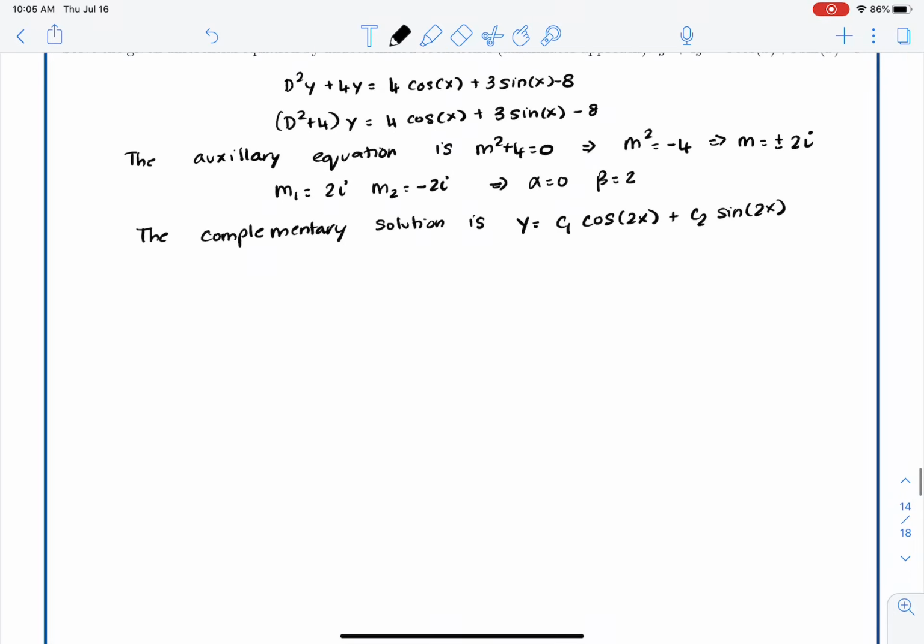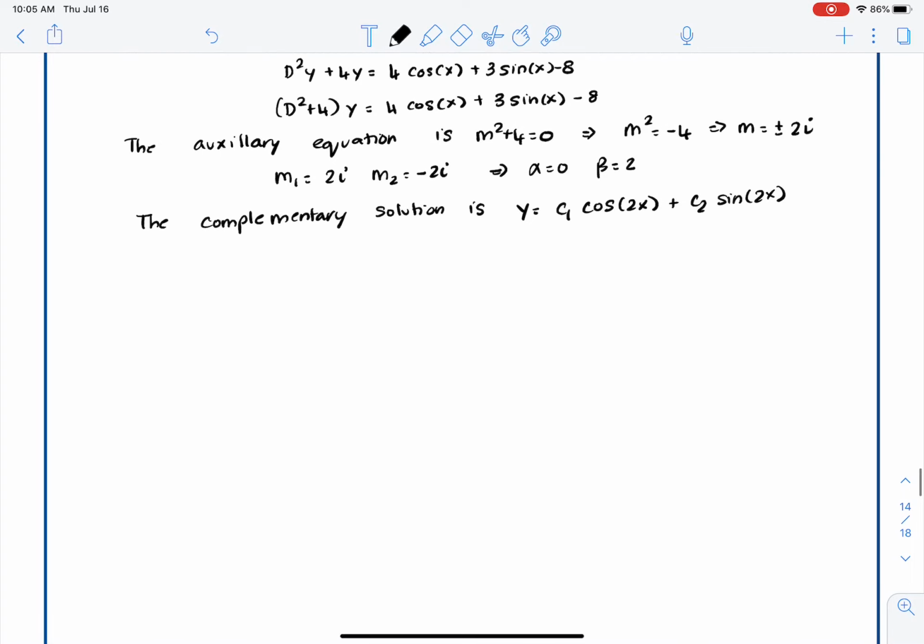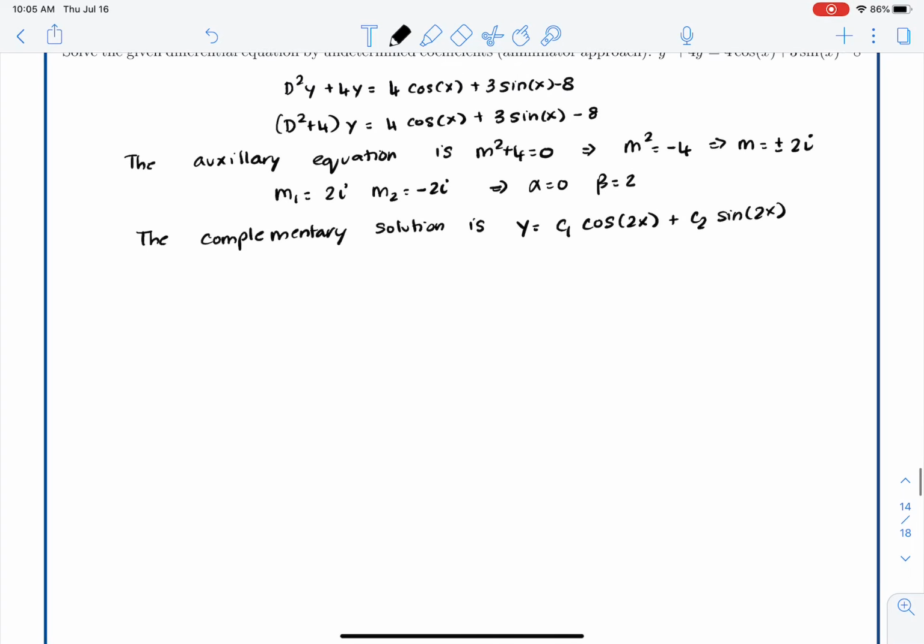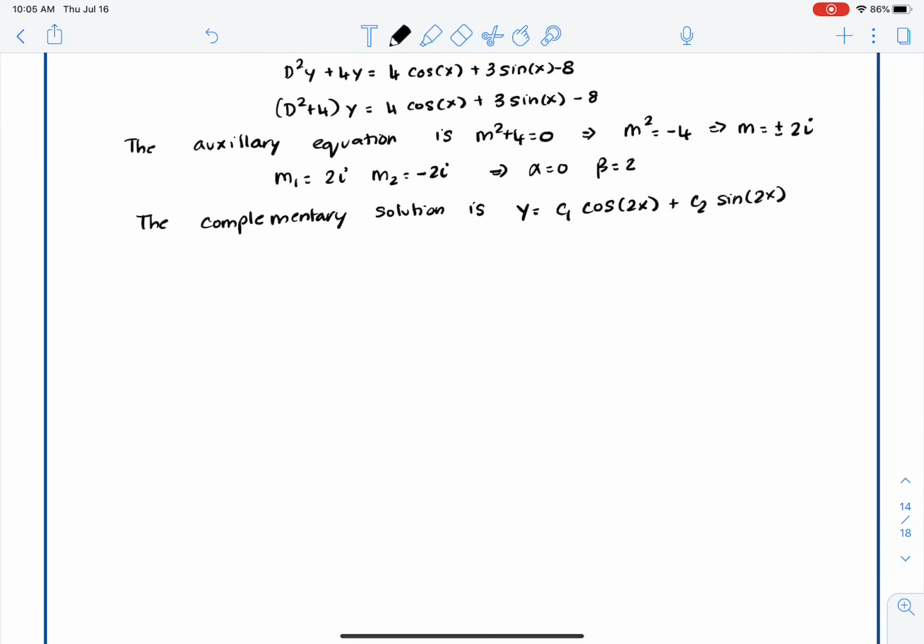Now we have to find the particular solution. We know that d squared minus 2 alpha d plus alpha squared plus beta squared annihilates cosine x as well as sine x.